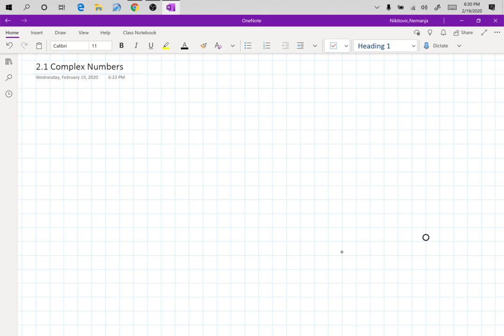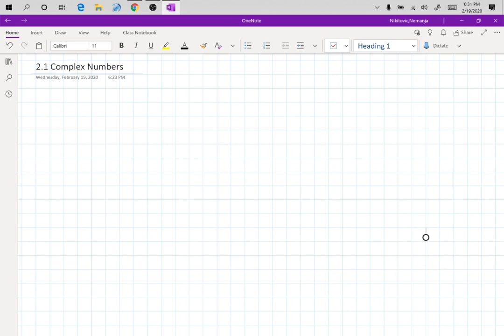So when we talk about numbers, we have counting numbers, whole numbers, integers, rational, irrational, and all of those numbers together make what we call real numbers.